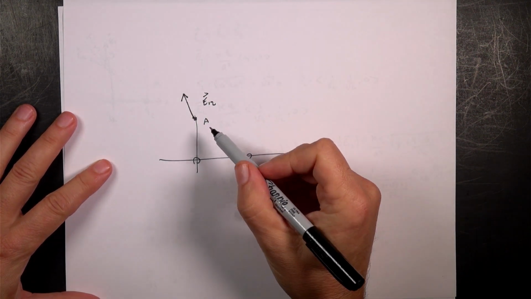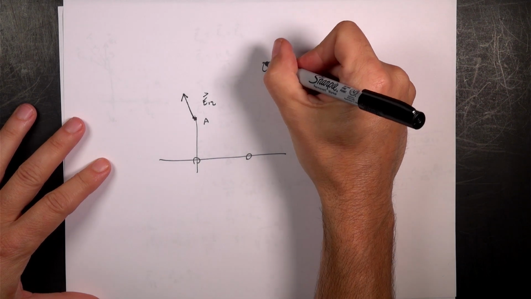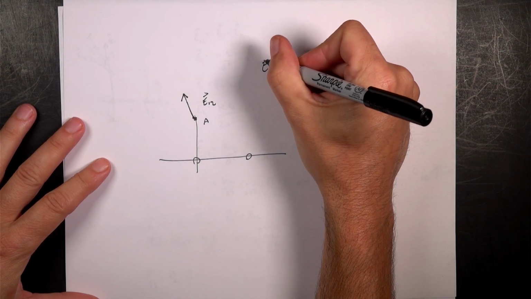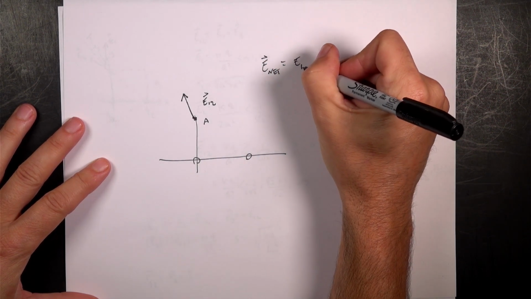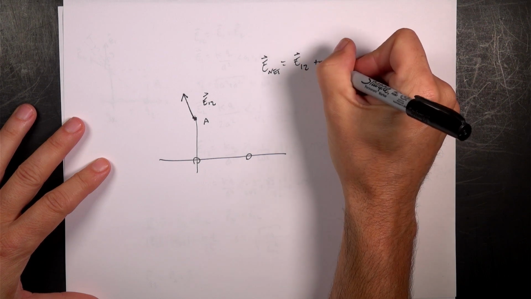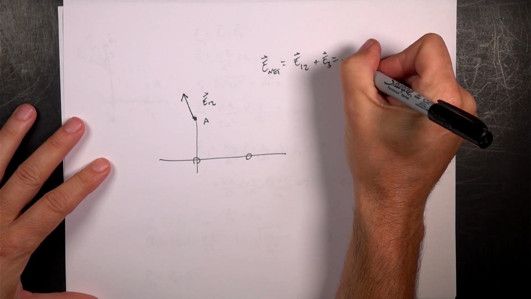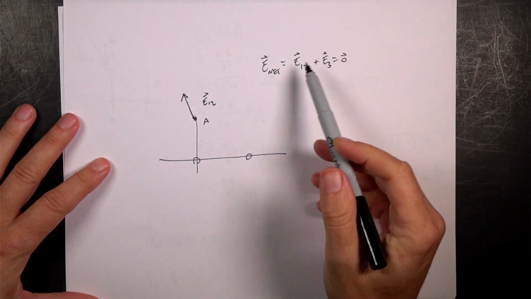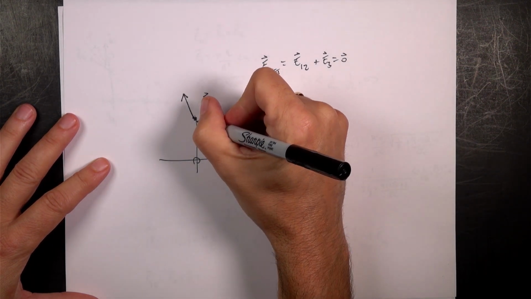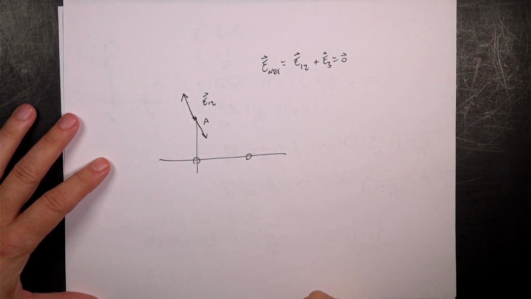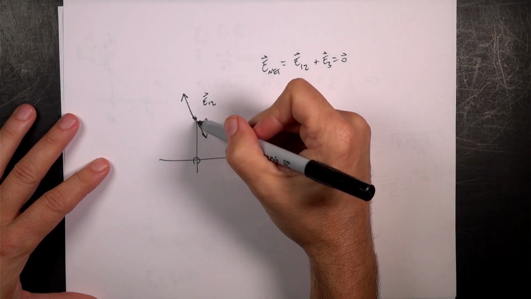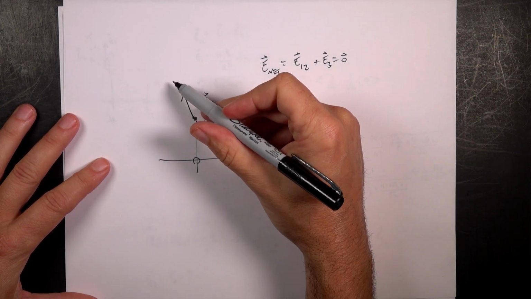And I already said that in order for E net to be equal to E12 plus E3 equals 0 vector, then E3 has to be going this way. And that means that the R for that charge has to be along this path.